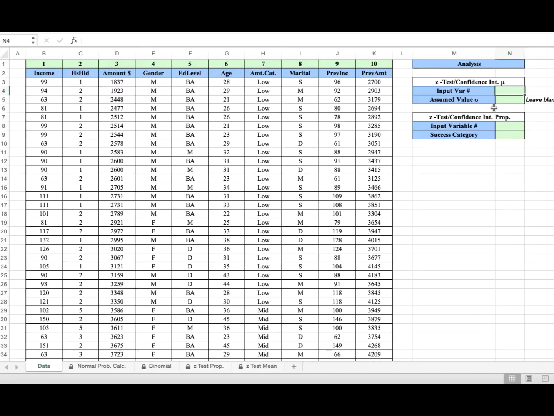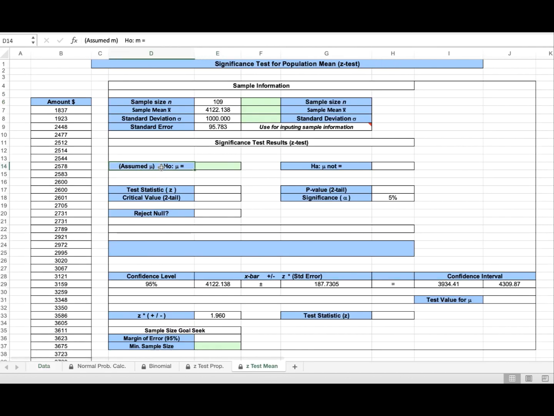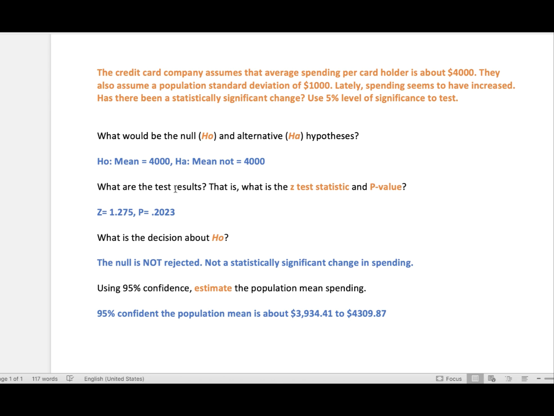Using our spreadsheet, we would run a z-test and confidence interval for the population mean. Spending is variable number 3, and our assumed value for sigma is $1,000. The rest is done on the z-test for the mean worksheet, where we would begin by inputting that assumed value of 4,000 for mu.